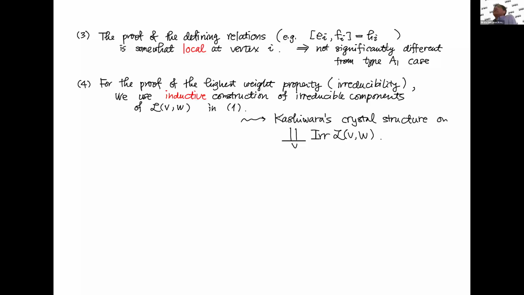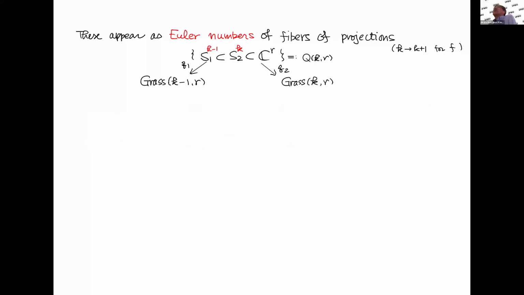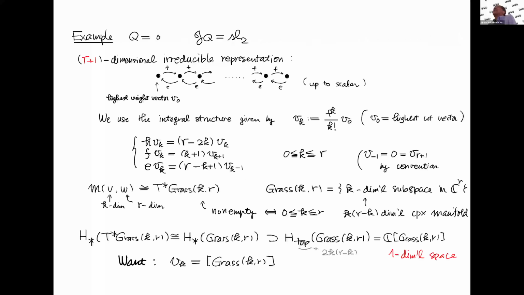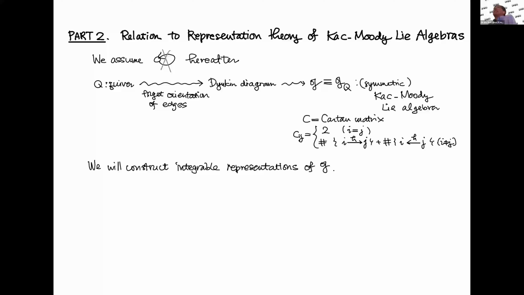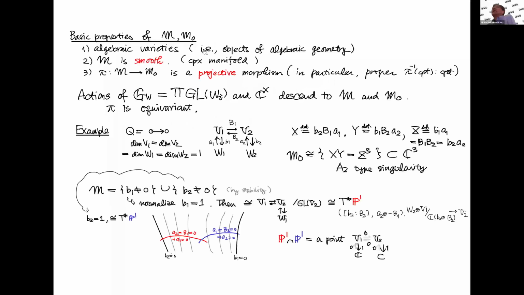So remember that in the second example, I have the two open subsets B1 non-zero and B2 non-zero, and at each vertex I see the quiver variety for the single vertex. This is the mechanism by which, by imposing this kind of condition, I can focus on a single vertex.